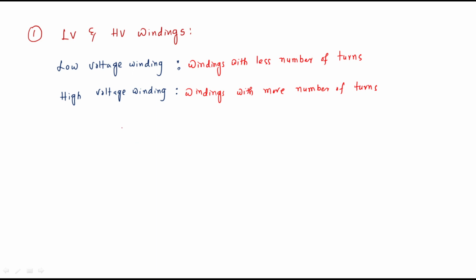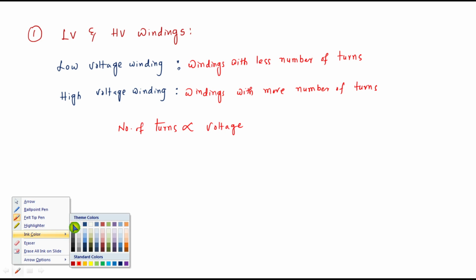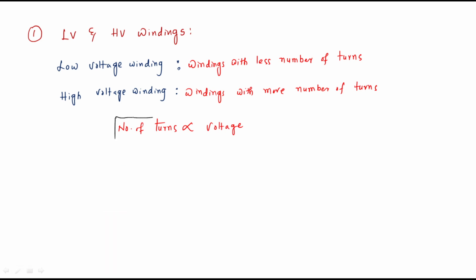So what is the key point here? Number of turns proportional to voltage, right? Number of turns proportional to voltage. We will derive an equation associated with this number of turns and voltage in future classes.